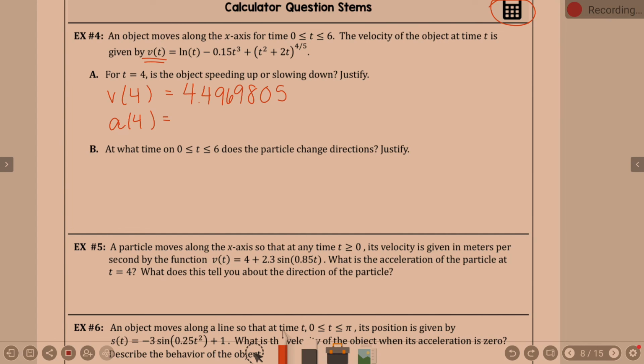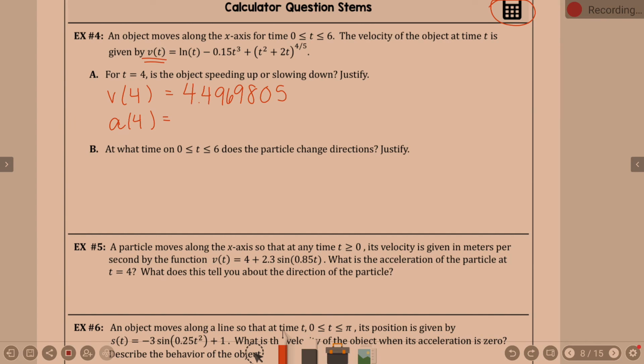Acceleration. Could we do that on the graph here? Curious here. Trace. Ooh, we could. Nope. Okay.